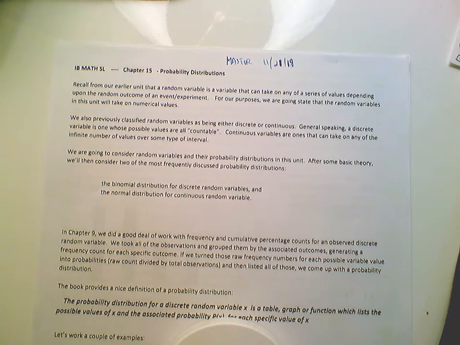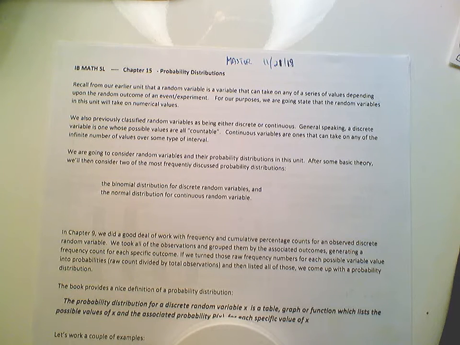Now, we did a lot of work in chapter 9 with a set of values that our random variable could take on. We'd build some cumulative frequency and cumulative relative frequency tables. And by the way, those frequency tables translated into how frequently a given value occurred for a particular random variable.